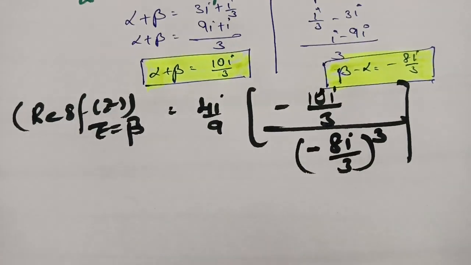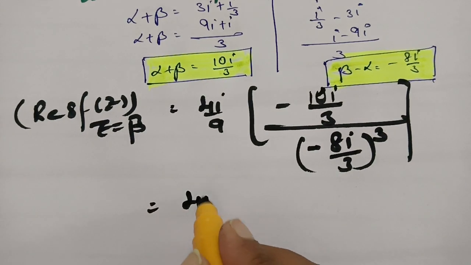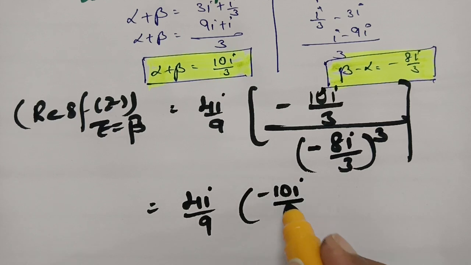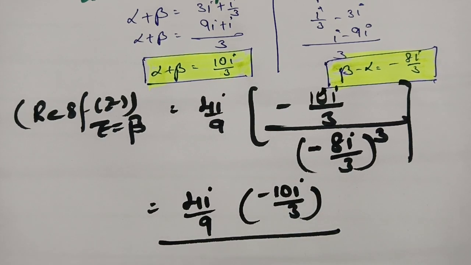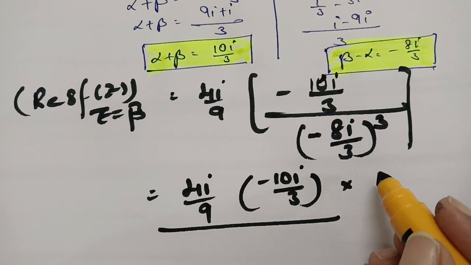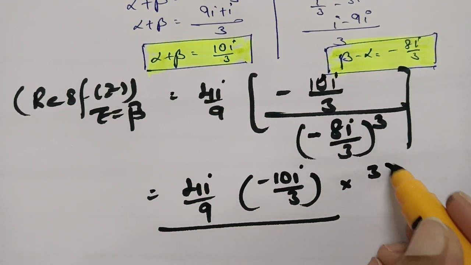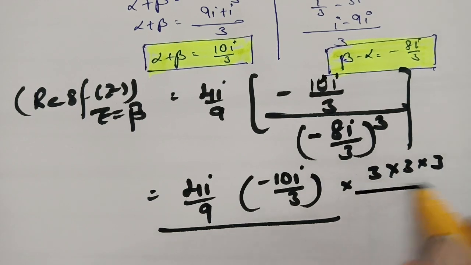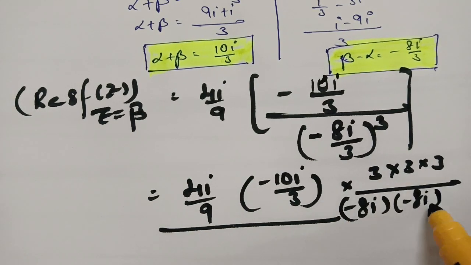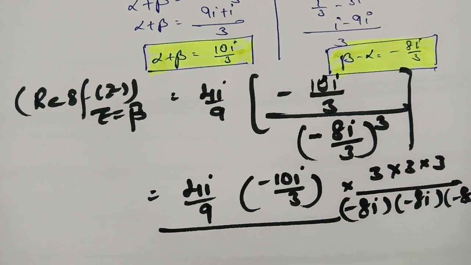So this can be written as 4i by 9 into minus 10i by 3, and 8 times here. If I take the reciprocal, this will be 3 cube, that is 3 into 3 into 3, by minus 8i into minus 8i into minus 8i.